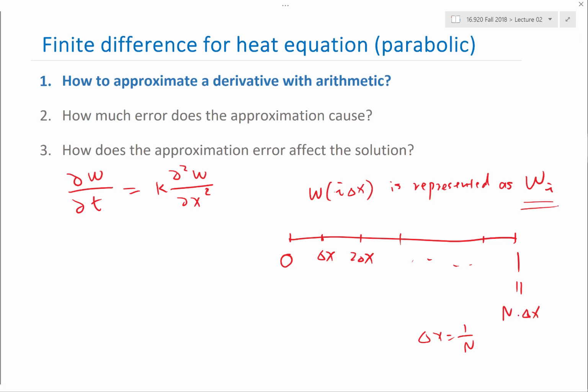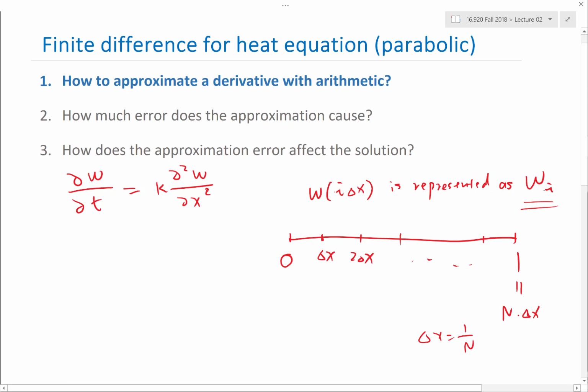All the other points we can interpolate, right? We can use whatever interpolation you know how to use, or just use MATLAB's own interpolation function. You don't even have to know how it works to interpolate.